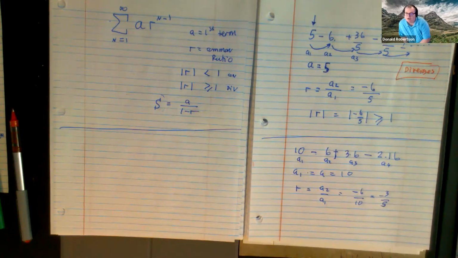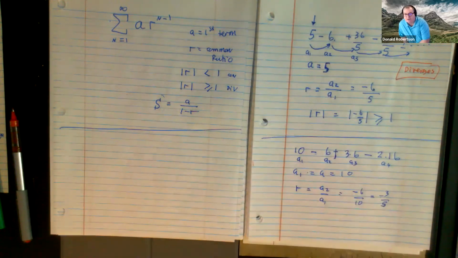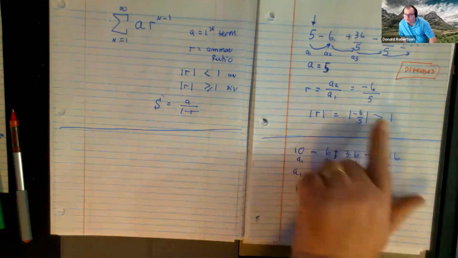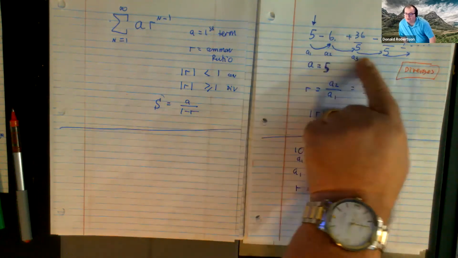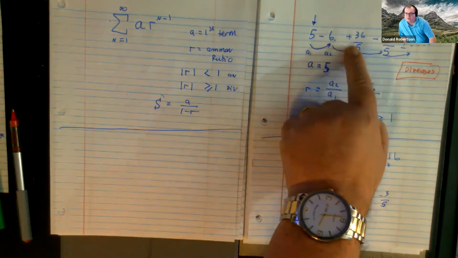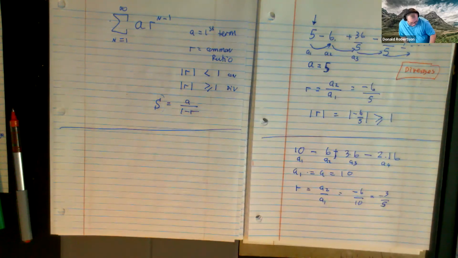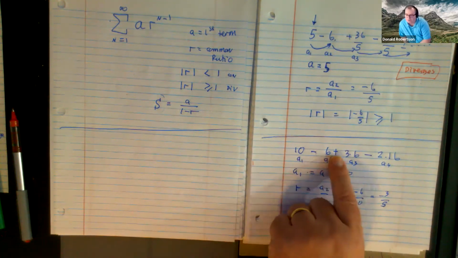If you were looking at a geometric series that had this shape to it, I can tell right away whether it's going to converge or diverge without even calculating, just by the numbers themselves. This one diverged. It went 5, -6, 36/5, and 216/5. This one went 10, -6, 3.6, -2.16.